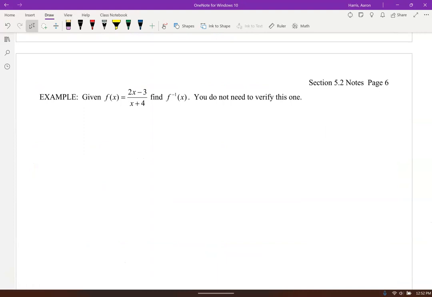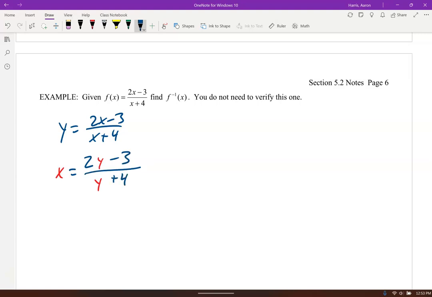How about this one? We've got the function f of x equals 2x minus 3 over x plus 4. We'll go ahead and find its inverse. So f of x is y. X and y will flip-flop. So this becomes x. That becomes a y. That becomes a y. Let's write the rest of it: 2y minus 3 over y plus 4.